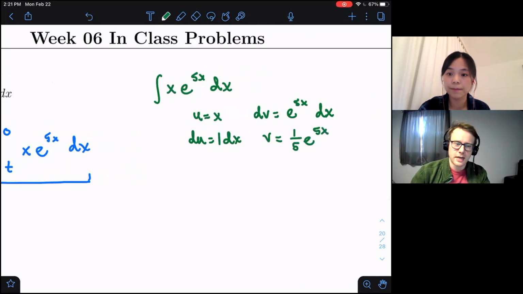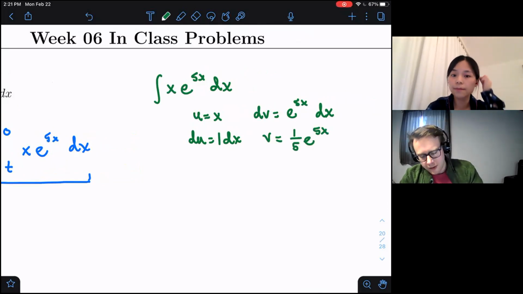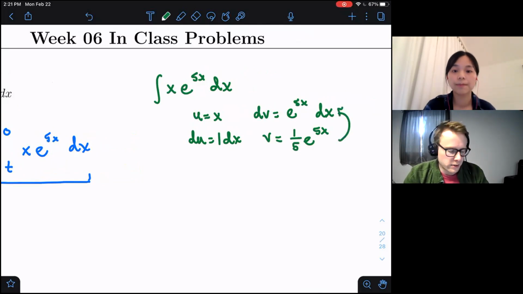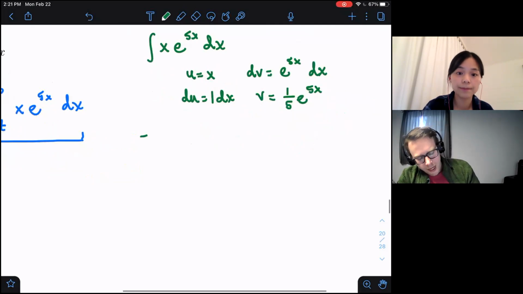We take the derivative of u to get du, and we integrate dv to get v. Of course, we can double check: if you take the derivative of this, you do indeed get back to where you started.